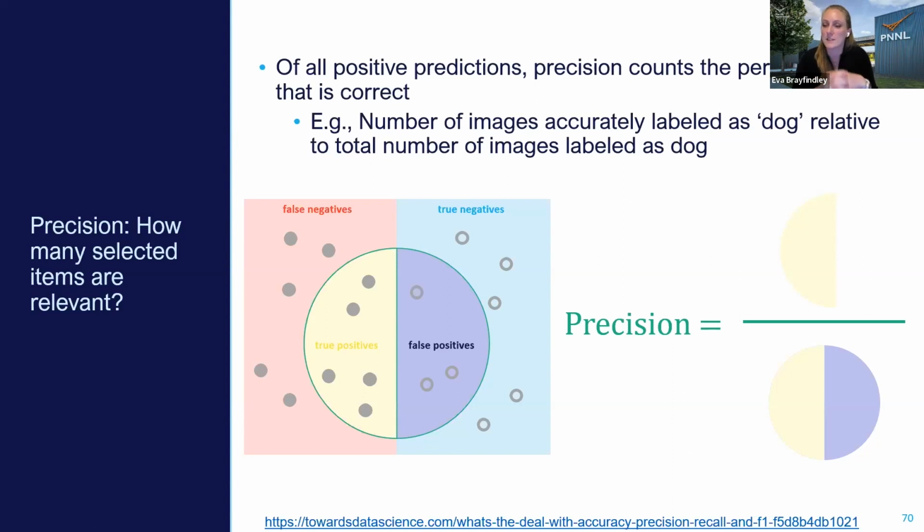Precision is a measure of how many selected items are actually relevant. So in this case, the things that are predicted as true positives divided by all the things predicted as positives. So the number of images accurately labeled as dog relative to the total number of images labeled as dog, right? So that's what precision gives you.